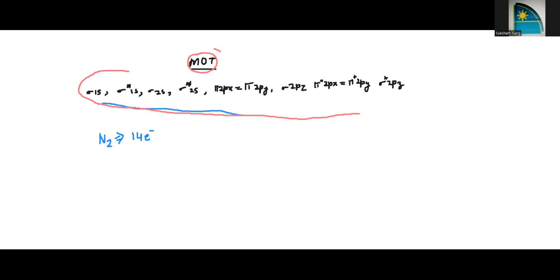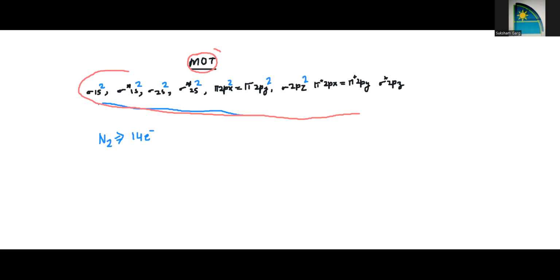We will fill 2 electrons in each molecular orbital until we get 14 electrons. So 2, 2, 2, 2, 8 electrons are done. 2, 4, 6, 8. 8 plus 2, 10, plus 2, 12, plus 2, 14.